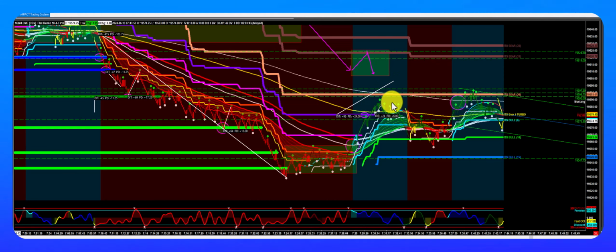Yes, we jostled. We did some back and forth, but the statistics on backtesting actually say it's a 90, 92% win rate with a 25-point stop, because you will end up getting at least 10 to 12 points out of it. In this case, you're literally getting 23 points from the point of entry.